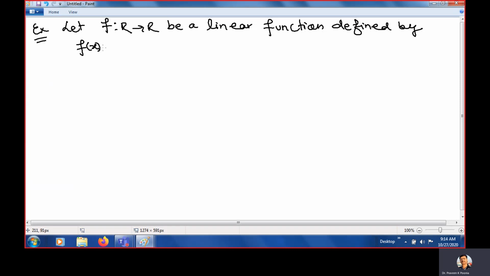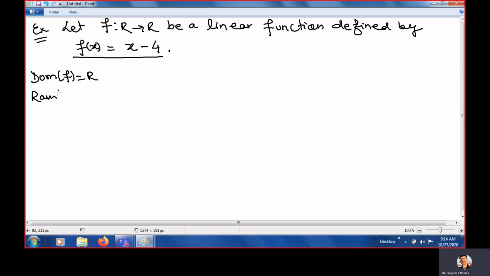Please remember, that's why the domain is R. Number 1, what is the domain of f? It's R, because this is a polynomial function and linear function.